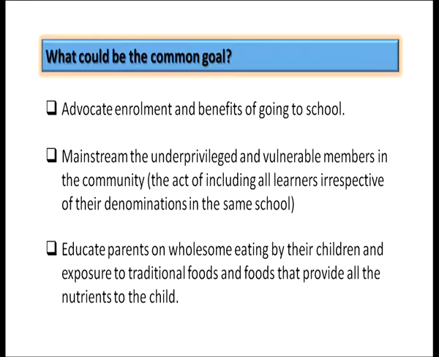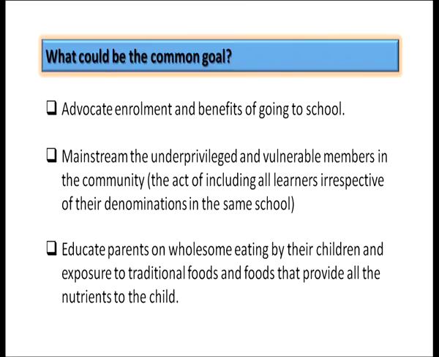Now, it is possible that the community advocates enrollment and benefits of school-going children. Number two, the community desires mainstreaming of the underprivileged and vulnerable members in the community.